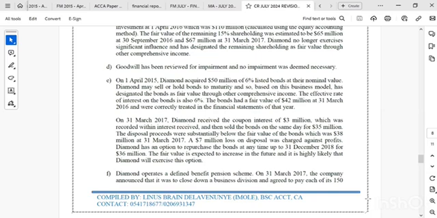How much should we dispose the bond for? If it should be actual sales. The disposal proceeds were substantially below the fair value of the bond, which was 38 million. Okay. So it should be 38 million. It should be at 38, isn't it?